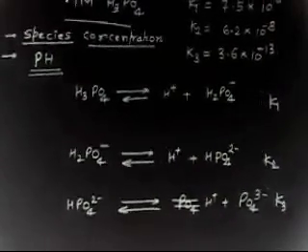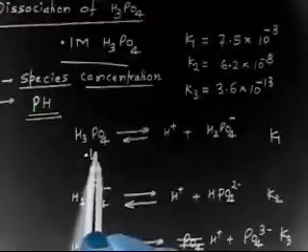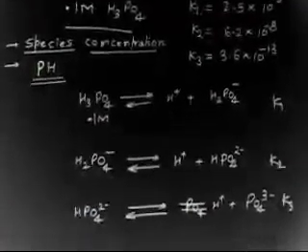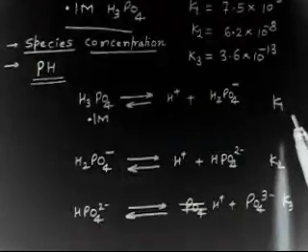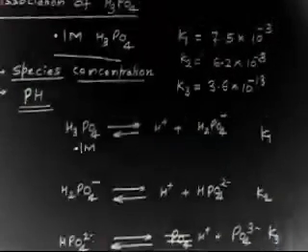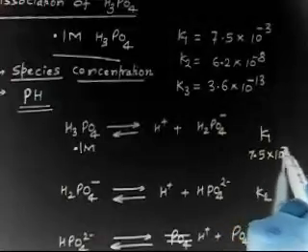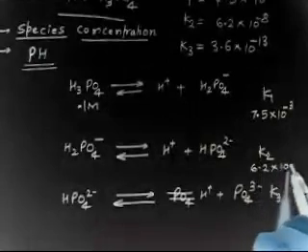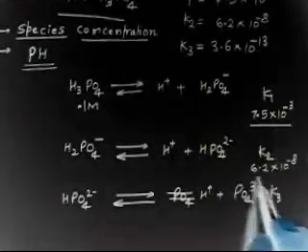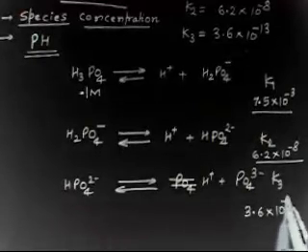Now what are the assumptions that I am going to make? This is 0.1 M. Let me write the equilibrium constants also: 7.5 into 10 to the power minus 3, 6.2 into 10 to the power minus 8, and 3.6 into 10 to the power minus 13.